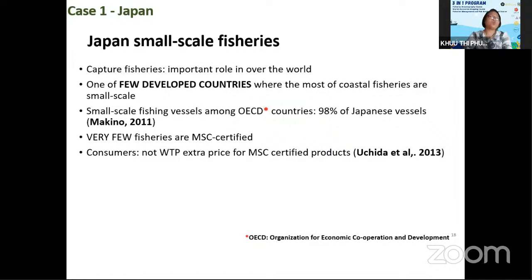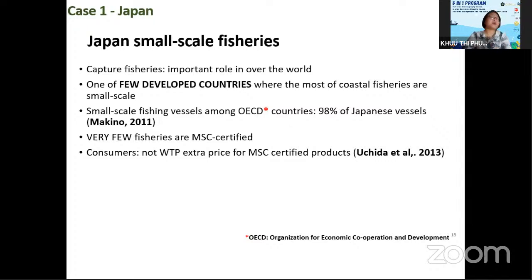From Japan, you can see the case of the capture fisheries, which are most important worldwide, and Japan is one of few developed countries where most coastal fisheries are small scale. Small scale fishing vessels among OECD countries account for about 98% of Japanese vessels, and very few fisheries are MSC certified.